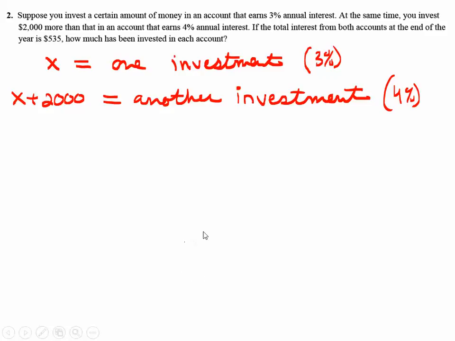Alright, so let's start putting this together in an equation. The interest earned from the 3% investment plus the 4% investment was $535, right?